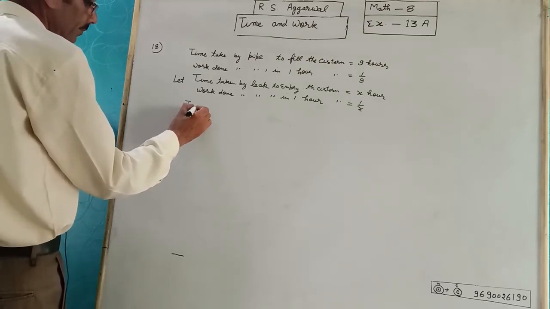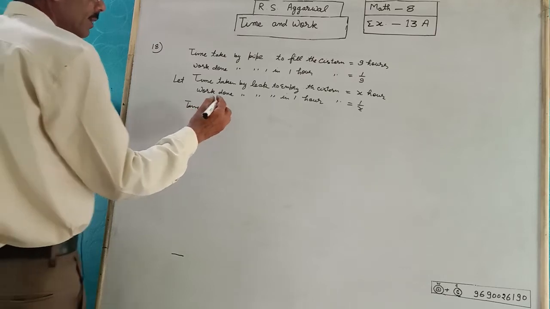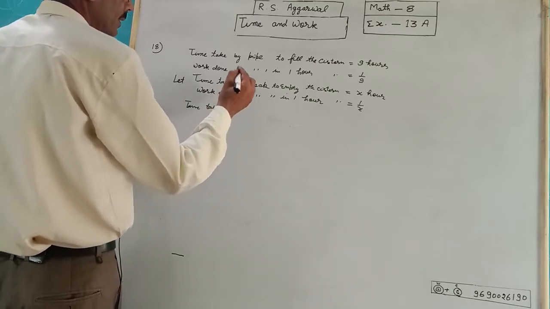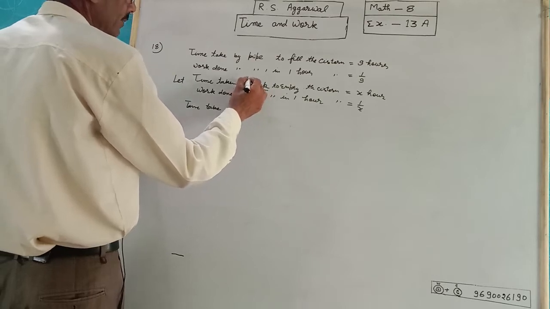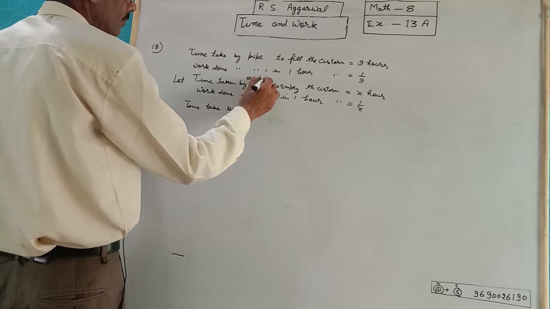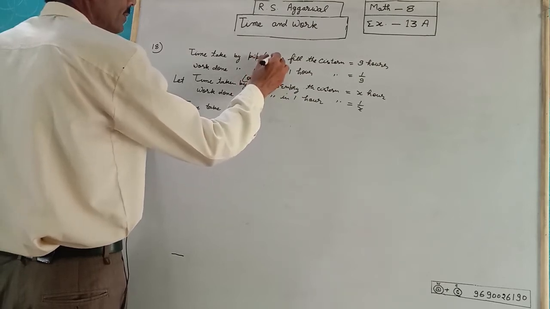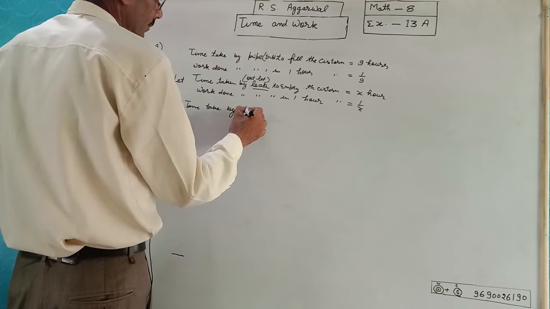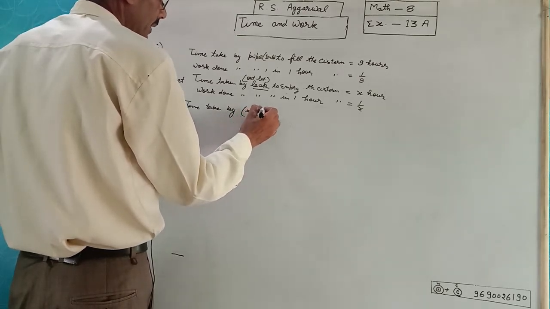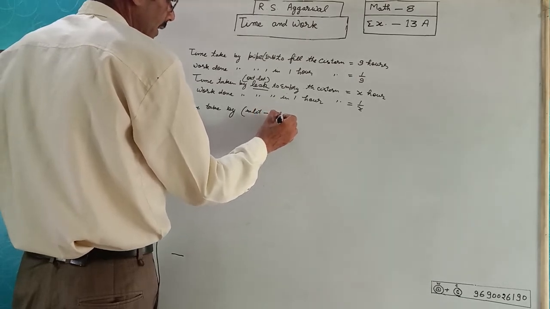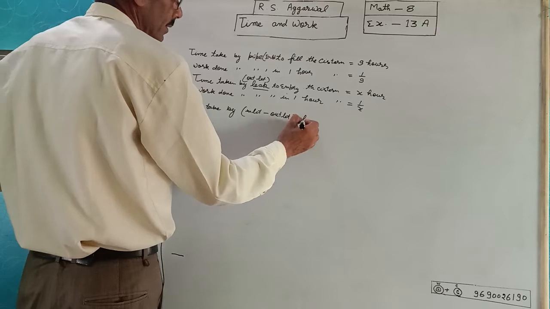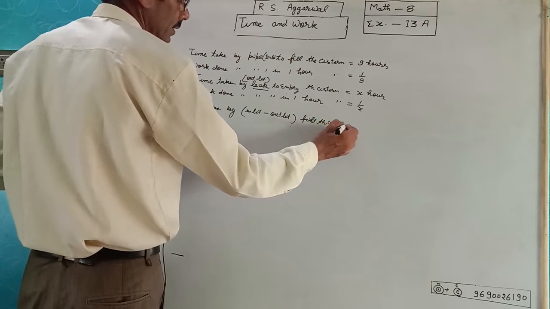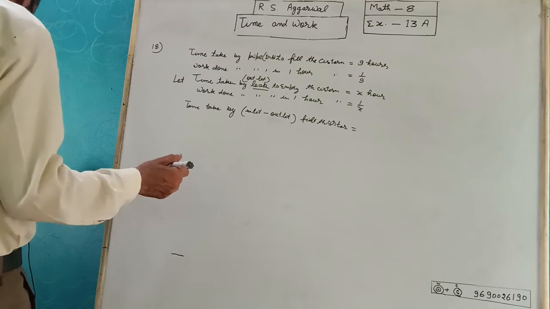Time taken by the leakage, the outlet, and the inlet: inlet minus outlet fill the cistern in 10 hours.